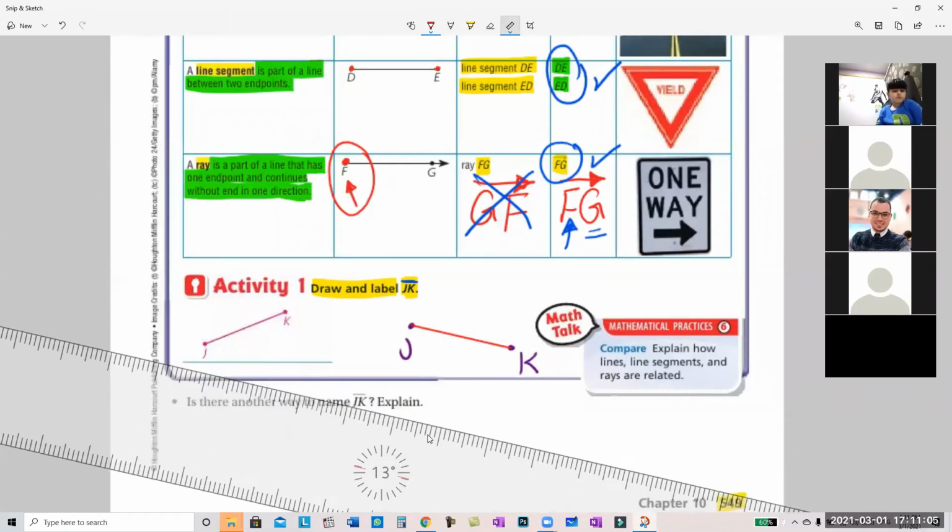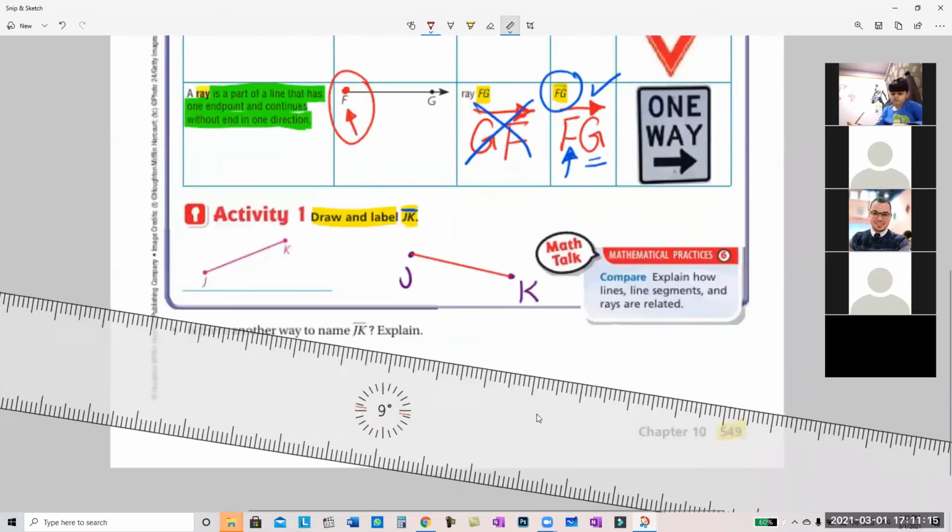Okay, and then we have line segment JK. By the way, you can do it with different directions like that.